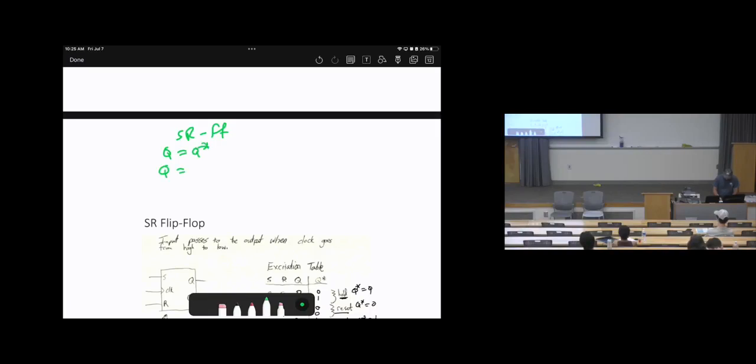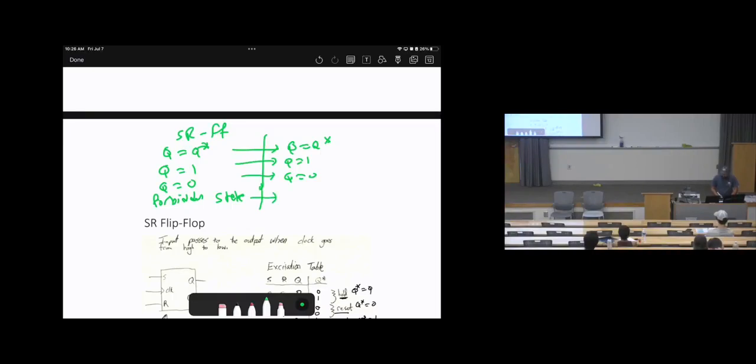There is Q equal 1, there is Q equal 0. These are the cases. Now, if we need to remove the forbidden state, of course, we still need Q equal Q star, we still need Q equal 1, and we still need Q equal 0.